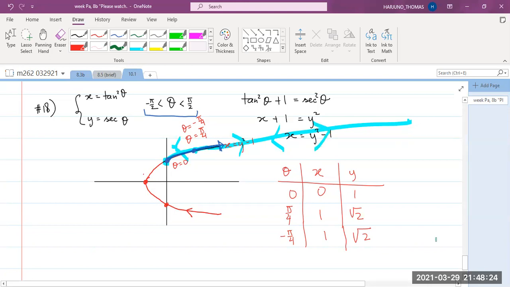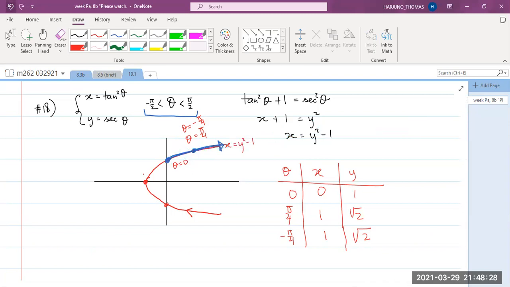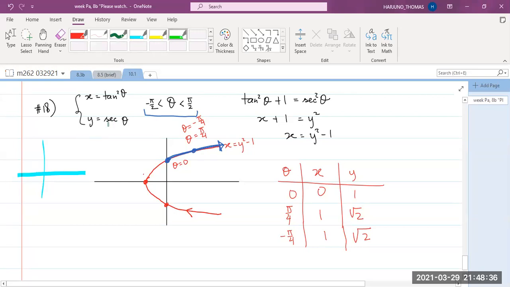As if the actual curve looks like this. Let's say this is the coordinate system. The curve actually moves this way. Okay, so from negative pi over 2, moving along this, going to theta equals 0, and then going this way back.